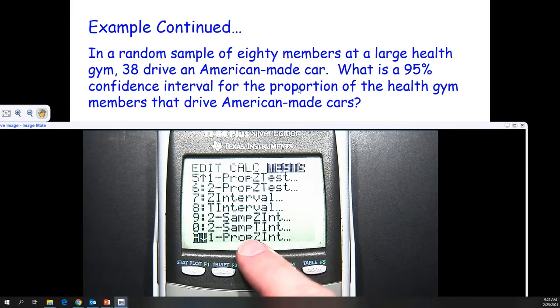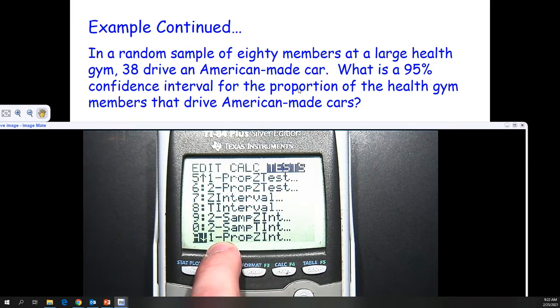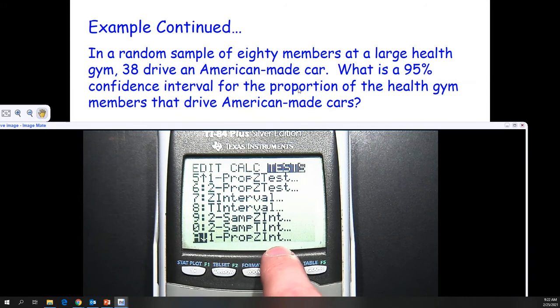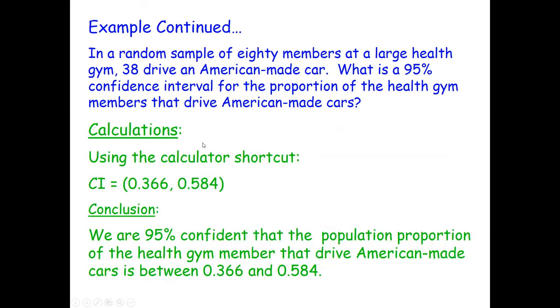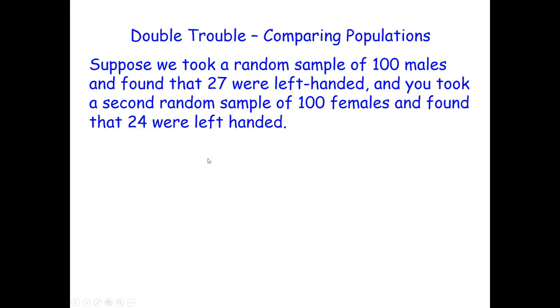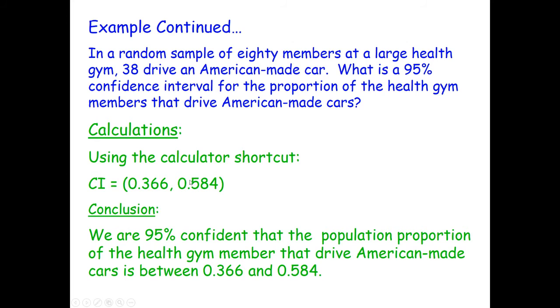We're doing a single sample, and we're doing a proportion confidence interval. Again, if you don't have a TI calculator, I guarantee you that there are tons online that can do this for you. So that's how we get this confidence interval, 0.366 to 0.584.